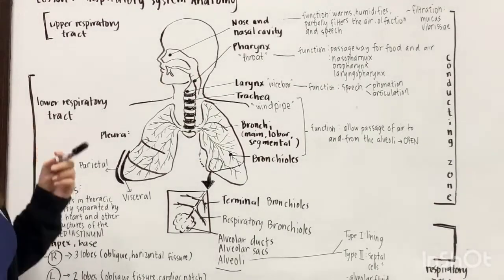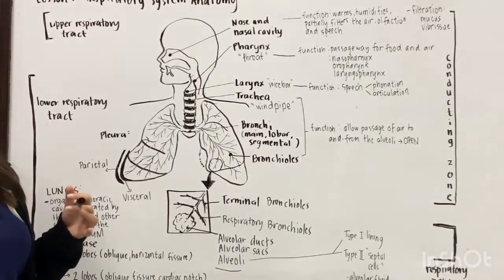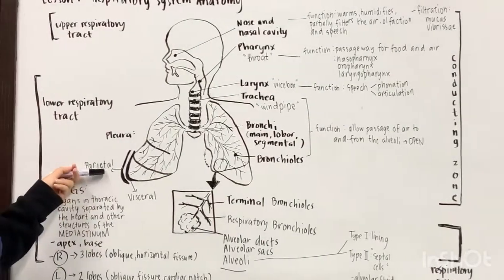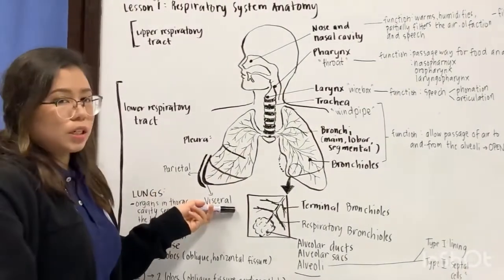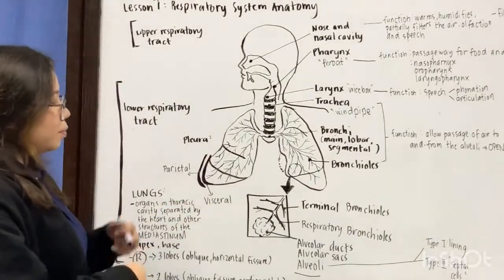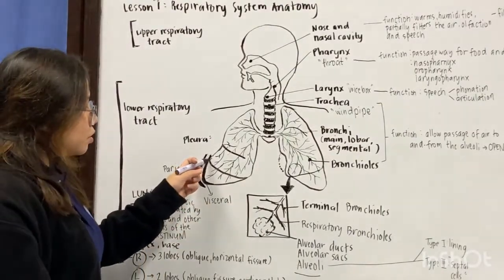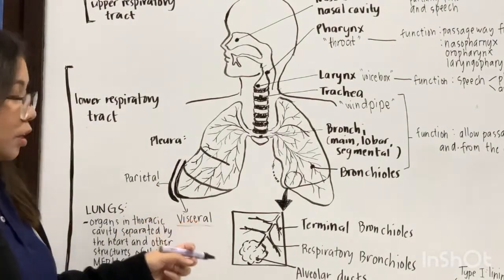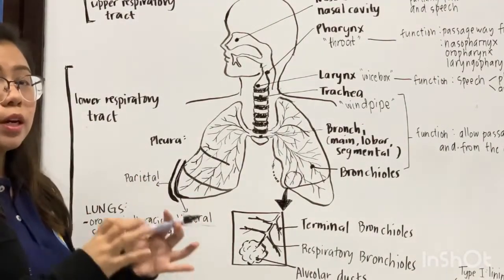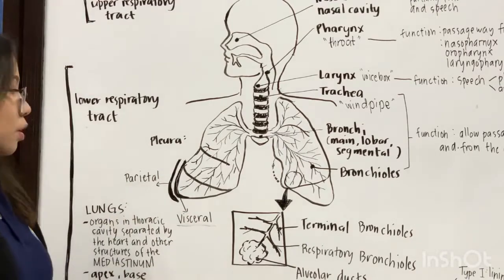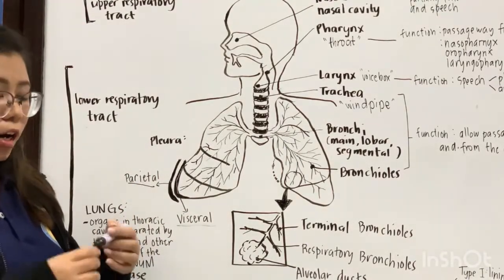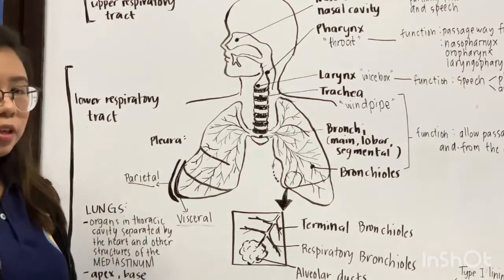Here you have your pleura. Your pleura are the coverings of your lungs. You have two parts: your parietal and your visceral. Your visceral pleura adheres to the organ itself, or to the viscera, so it is the innermost part. The outermost is your parietal pleura, at the periphery.